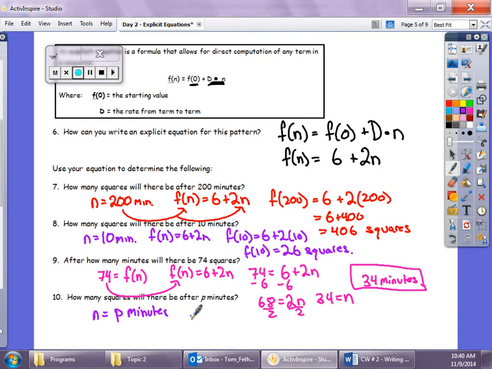So it's basically f of p equals 6 plus 2p. So we're just replacing n with p. So we don't know what p minutes is. It could be 20 minutes. It could be 100 minutes. So we just replace n with our letter p.